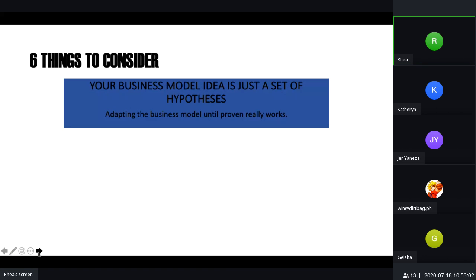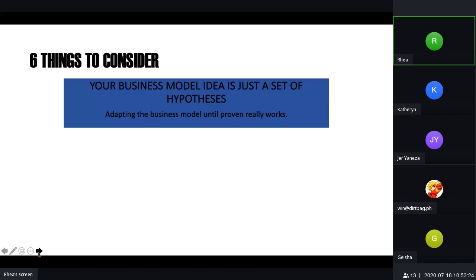Your business model idea for the time being is just a set of hypotheses, simply because we are still not getting the customers yet. But in the process of creating our business model canvas, in the long run, we can validate if our hypotheses really work.